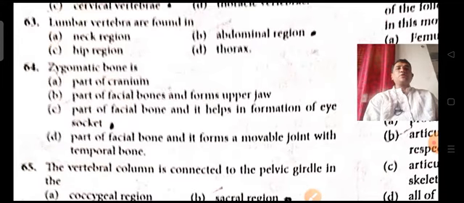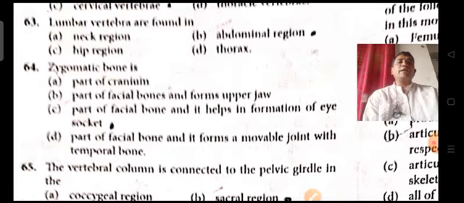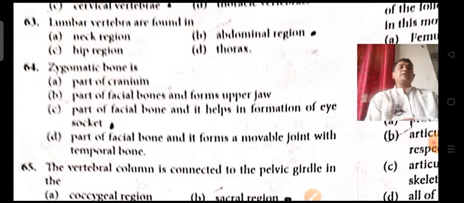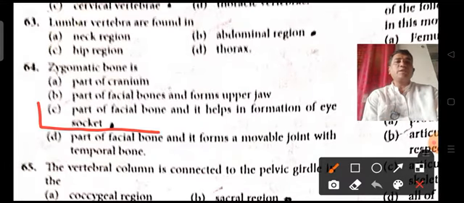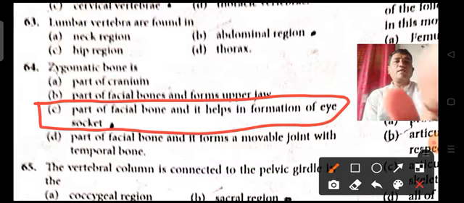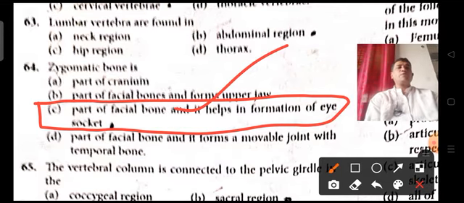So zygomatic bone is present in the skull, one of the 14 facial bones, and it helps in the formation of the eye socket along with the sphenoid and ethmoid bones. So option C is the answer for the zygomatic bone.